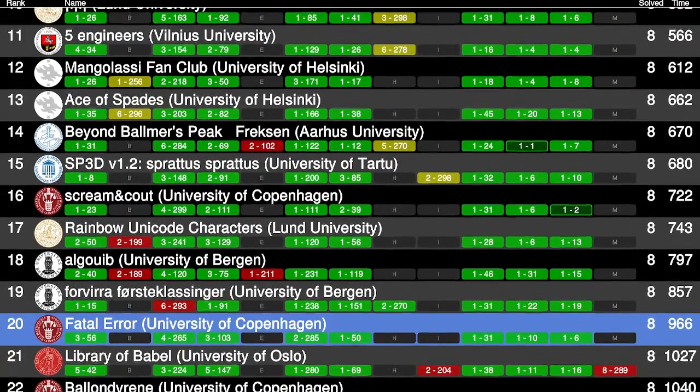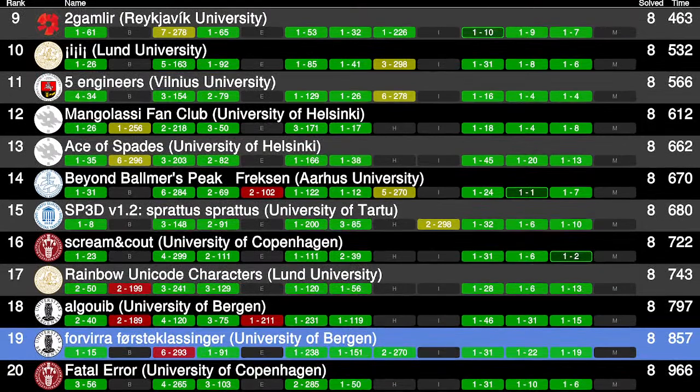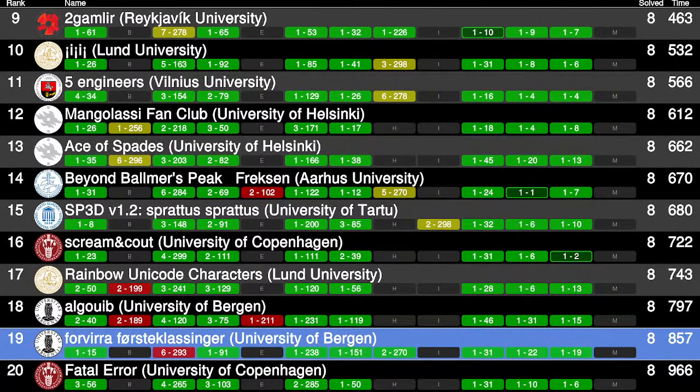Library of Babel are done. Fatal Error are done. Förvera försteklassinger are also done, but we pause here because Förvera försteklassinger is the Norwegian student champions, the best ICPC eligible team from Norway. Congratulations, well done. All right, and now we are in the top 20 at 8 problems solved.